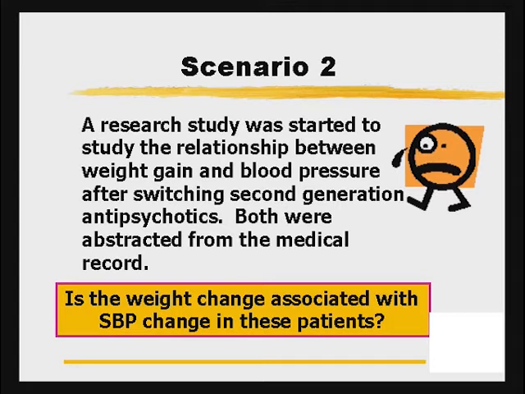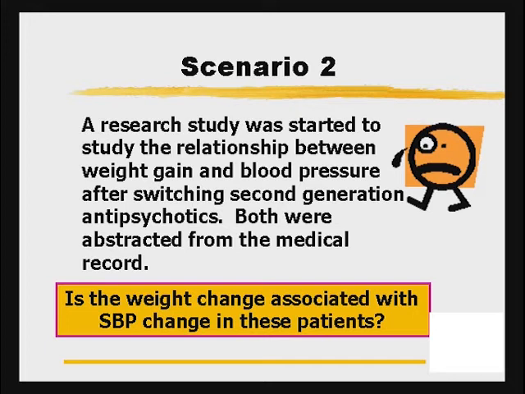You look at the blood pressure beforehand and the blood pressure after, subtract them, and come up with a single number. And so in this instance, what you would do is correlate the change in weight with the change in blood pressure. You are, in fact, having one measure on a single person on those two variables, the change in the weight and the change in the blood pressure.